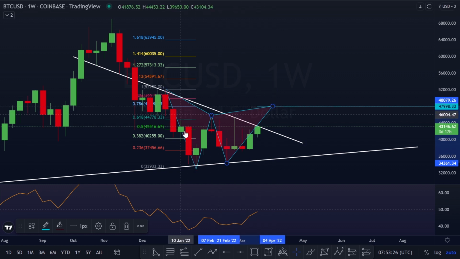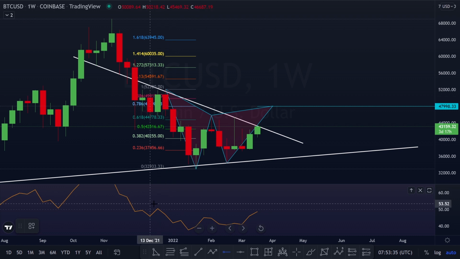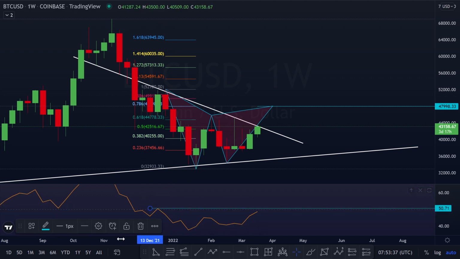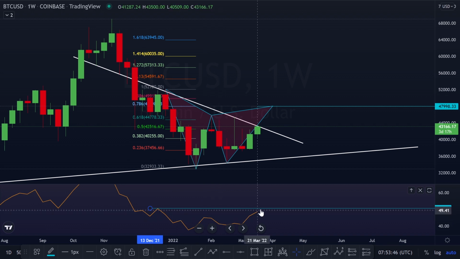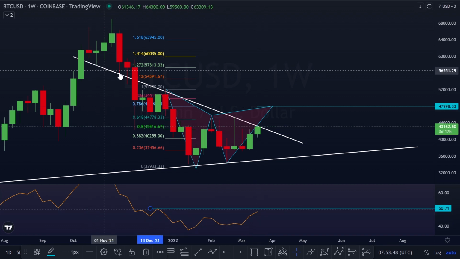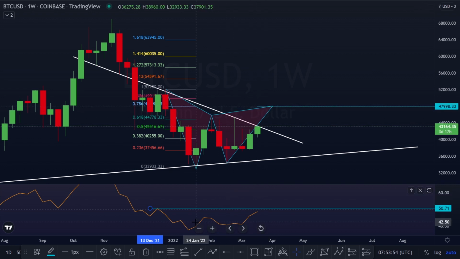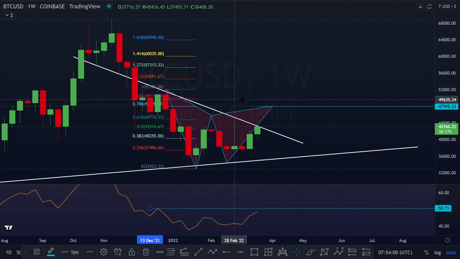So first of all, looking at the RSI right here, if I can just draw a line right there at this peak of this RSI, you can see that if we do manage to break out of this trend line right here towards this harmonic pattern target, we're going to be getting what we call hidden bearish divergence.